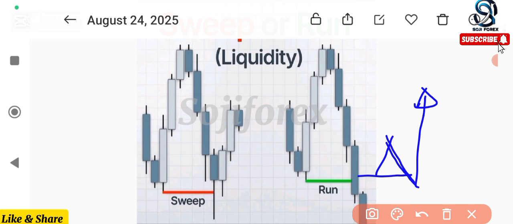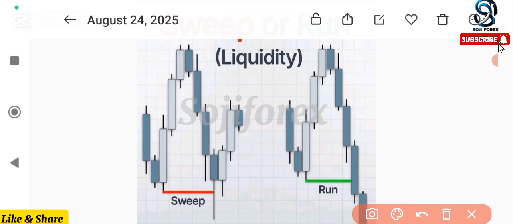That is a liquidity sweep. And you keep wondering, price took you out and then continued in the direction of your analysis. You feel bad, as if you were being monitored.